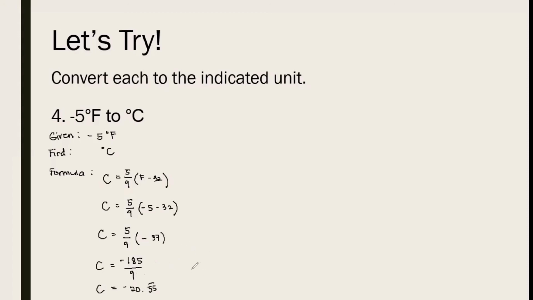So as for the conclusion, we can say that negative 5 degrees Fahrenheit is approximately equal to negative 20.55 degrees Celsius. And this is now your final answer. Let me write the answer here. We have negative 20.55 degrees Celsius.